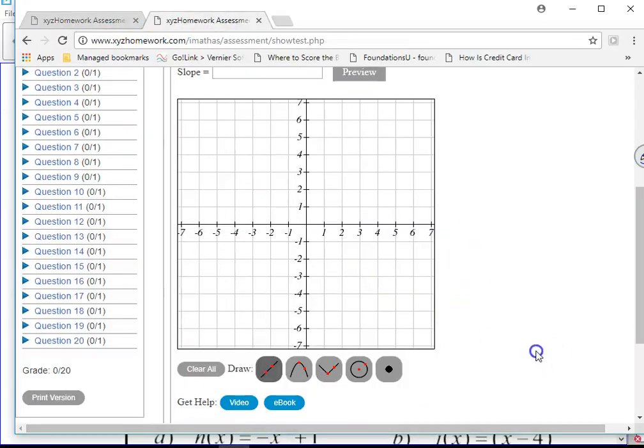Okay, so this is one where we're graphing a quadratic, and I'm going to graph where my vertex is at 1, 0. So I'm going to pick the parabola. You start with the vertex, and then you graph any other point. Now it's opening down. I also know it's not going to get wider or narrower because I don't have a number multiplying with my negative.